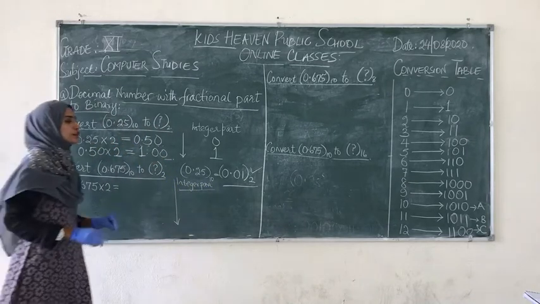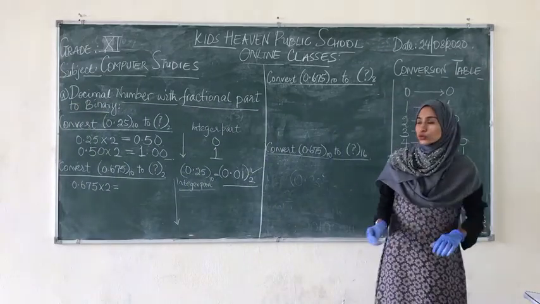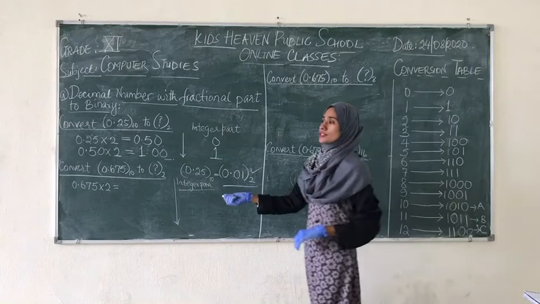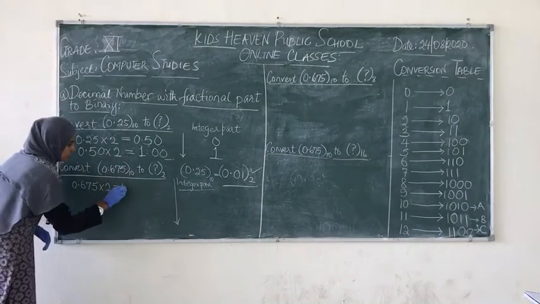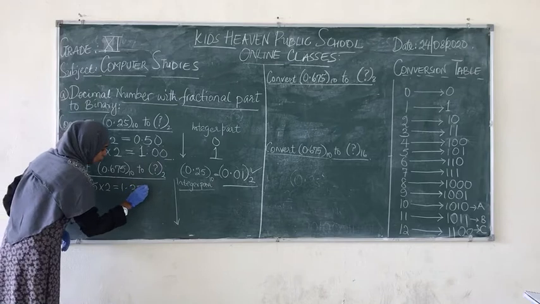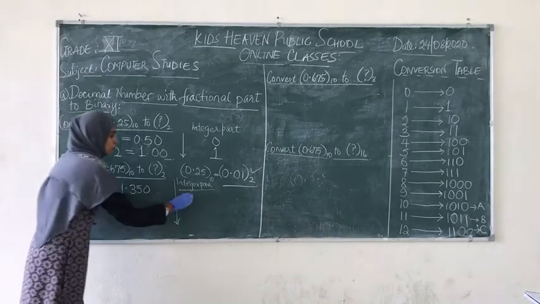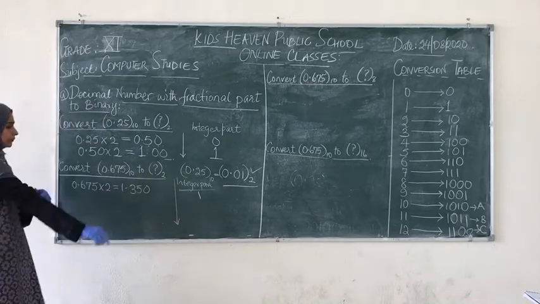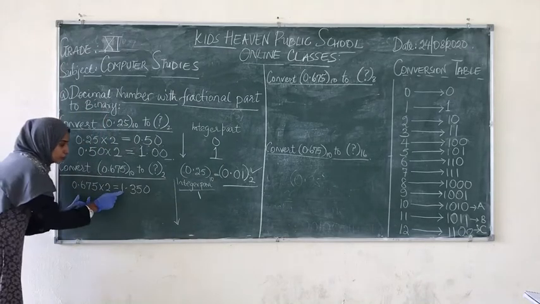So we have 0.675 multiplied by 2. What is going to be the answer to this? 1.350. Our integer part here is a 1. Note it down here.